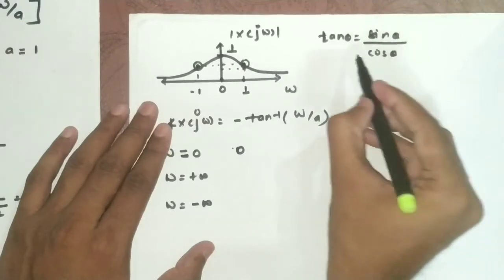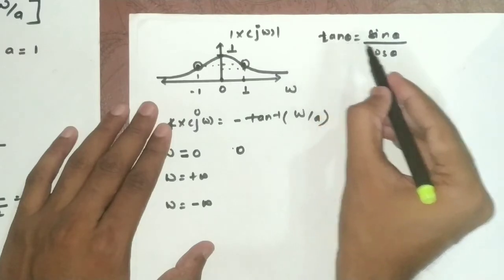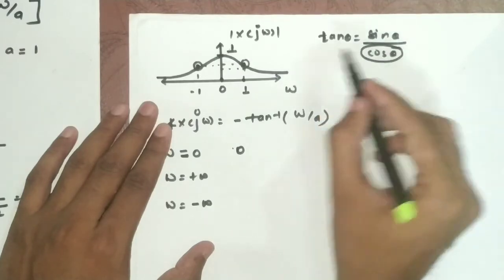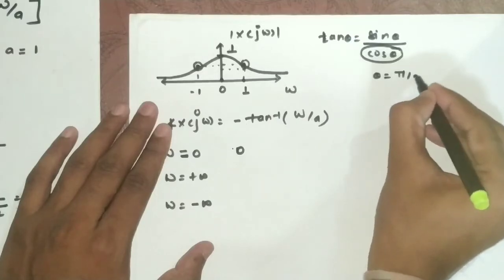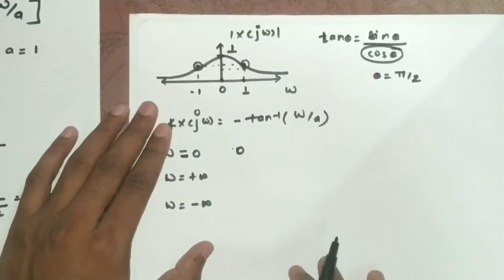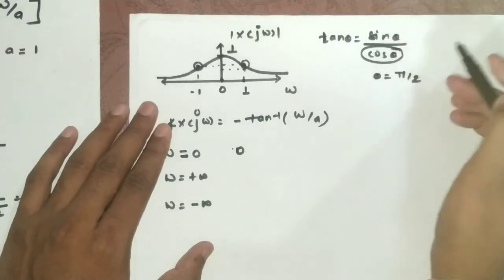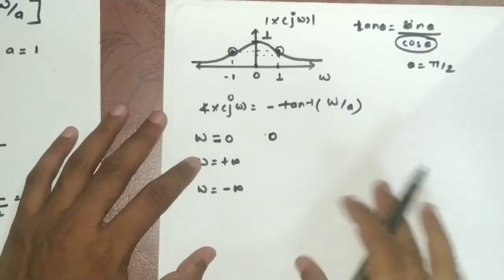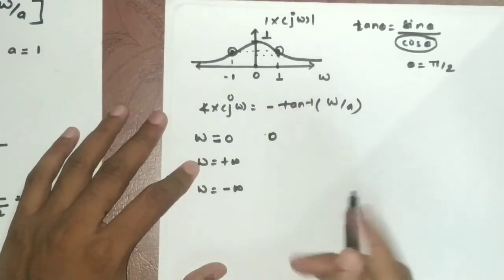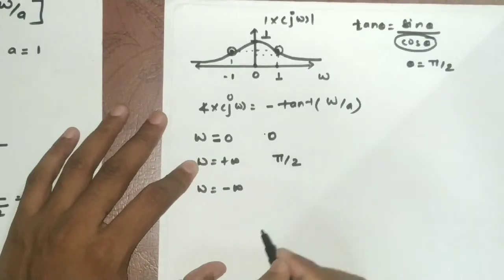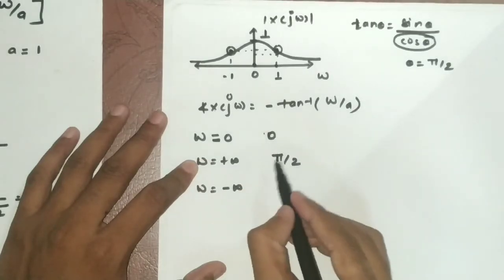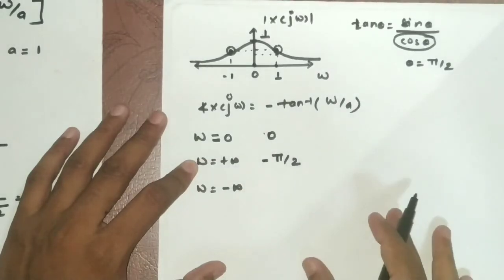Now in order to get this term as infinite, definitely the denominator should be 0, and we know that when theta is pi by 2, cos pi by 2 will be 0, and anything divided by 0 is going to be infinite. So if I want tan inverse of infinity, definitely the angle is going to be pi by 2, provided that this minus sign will keep, so this will be minus pi by 2.